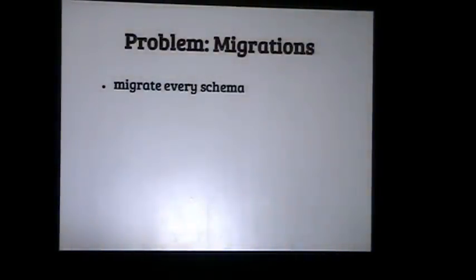Another one, migrations. Every namespace has its own schema. What's that? Schema migrations table. It keeps track of those long strings of numbers that Rails uses to keep track of what migrations you've run.